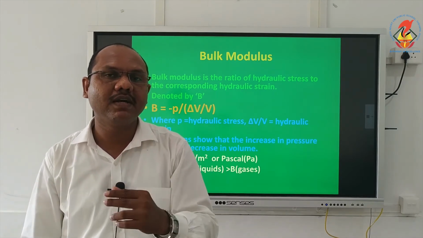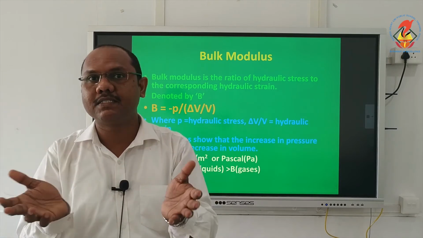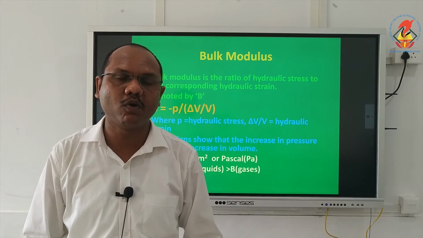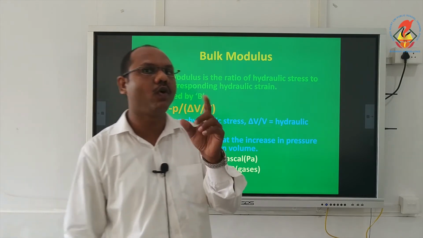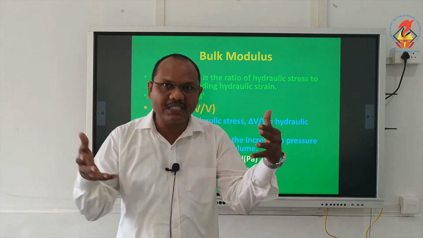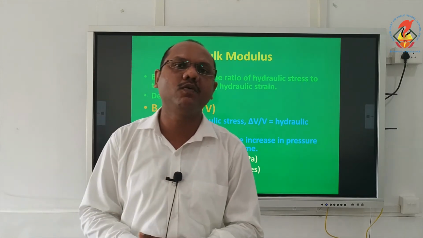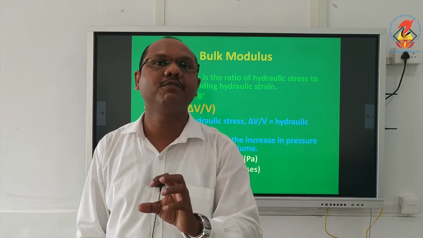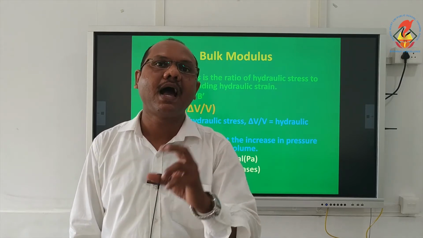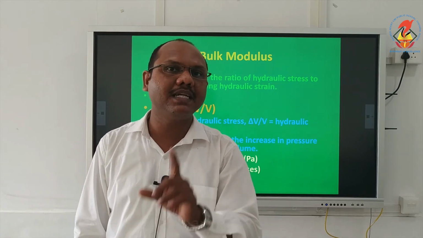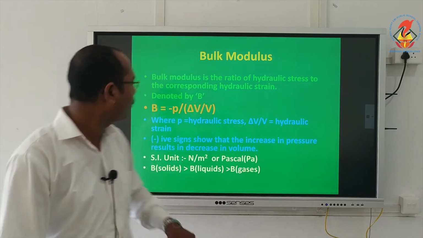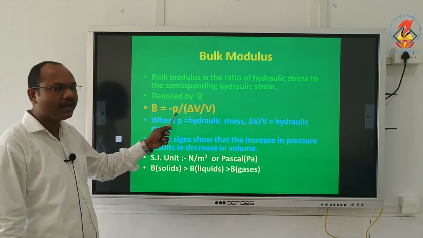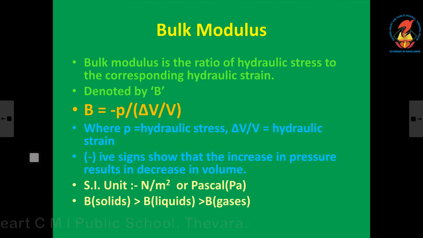When we were discussing stress, I was showing a ball squeezed by water from all sides, and I told that water is applying pressure, normal force per unit area. So hydraulic stress means pressure, hydraulic strain means delta V by V. Therefore hydraulic stress by hydraulic strain is P divided by delta V by V.